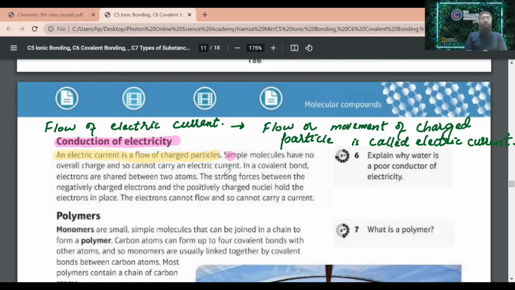But simple molecules have no overall charge, and so cannot carry any electric current.